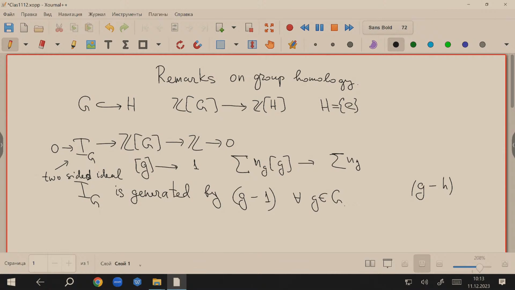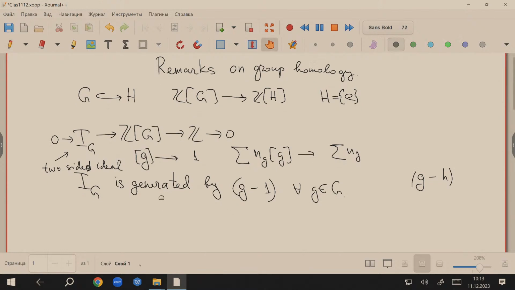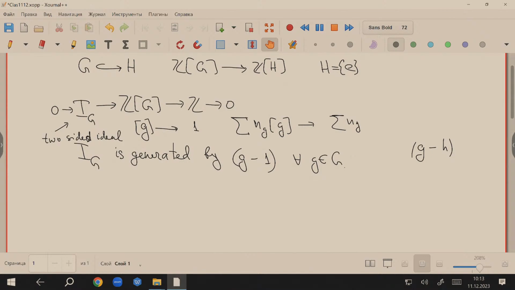So why do we need this ideal? Because recently we have considered coinvariants, M_G.